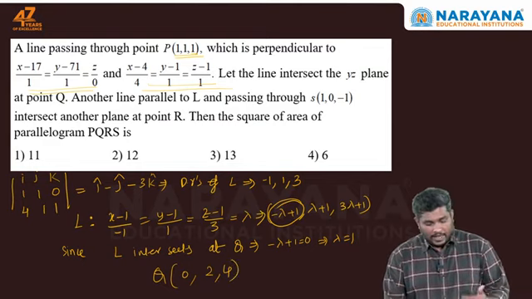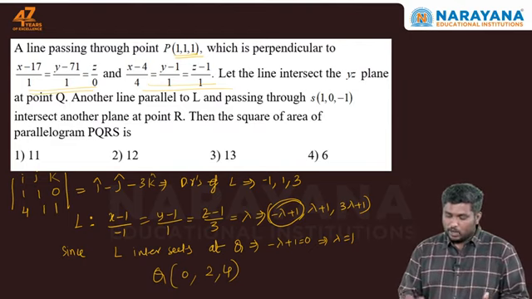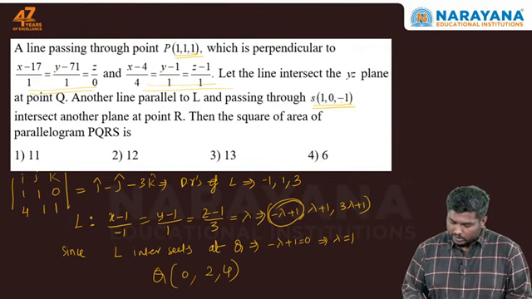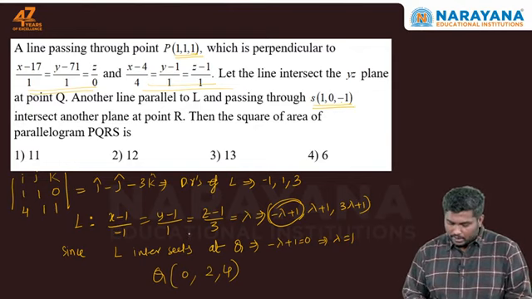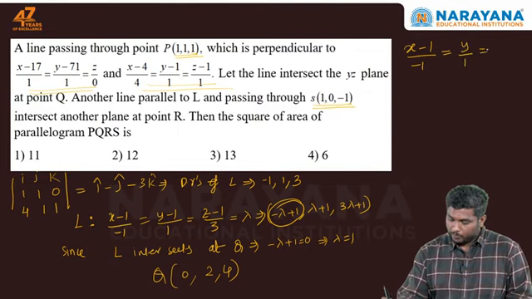Now there is another line parallel to L and passing through S, with the same DRs. So the new line is (x minus 1) by minus 1, (y minus 0) by 1, (z plus 1) by 3.